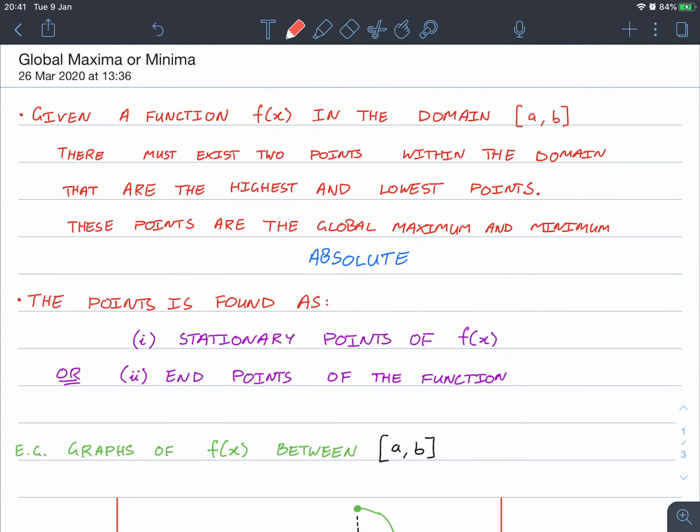So here's just two quick examples of what this might look like. So we have some function, the green one, between any two x values a and b. The function would continue normally, but we're stopping it at these 2 points, a and b. Notice how there has to be a point along this curve that is the absolute highest value.